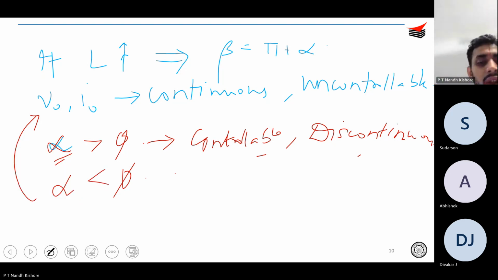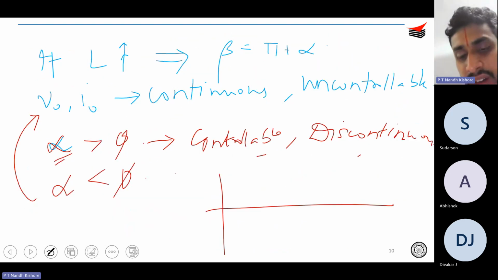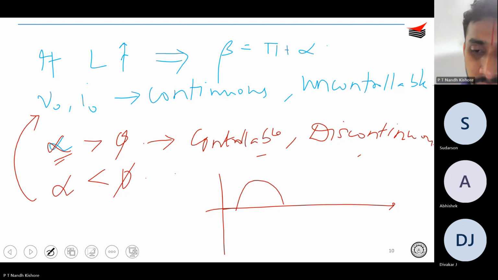So if your firing angle is closer and closer to your pi, let me draw it over here itself. This is one case. The other case may be something like it started conducting here itself.